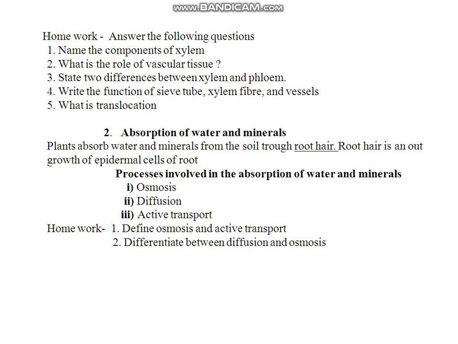Selectively permeable membranes allow only some selective substances to pass through. And impermeable means the membrane which doesn't allow any substances to pass through. So this is the definition of osmosis.